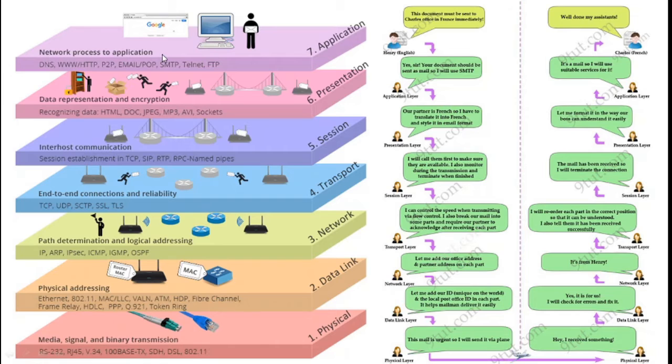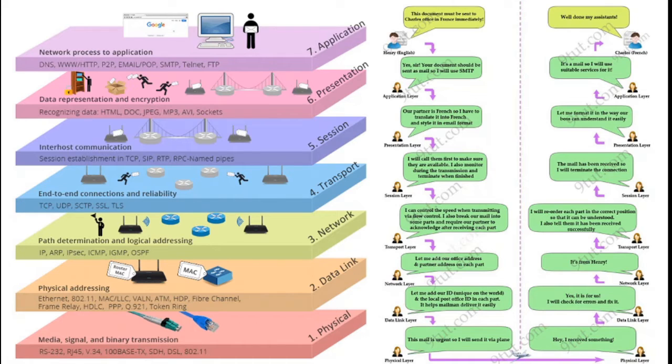The application layer handles network process to application communication; the presentation layer handles selection of application, encryption, data representation, and compression; the session layer handles inter-host communication; the transport layer handles end-to-end delivery, connection and reliability; path determination and logical addressing are taken care of by the network layer; physical addressing by the data link layer; and the media, signal and binary transmission by the physical layer.